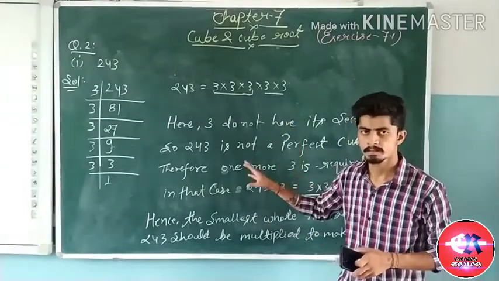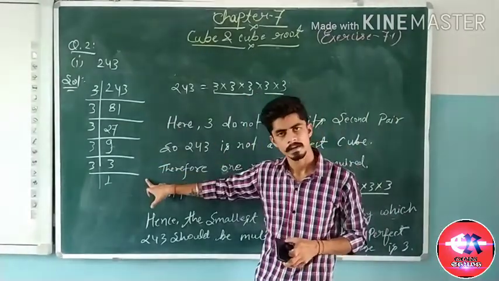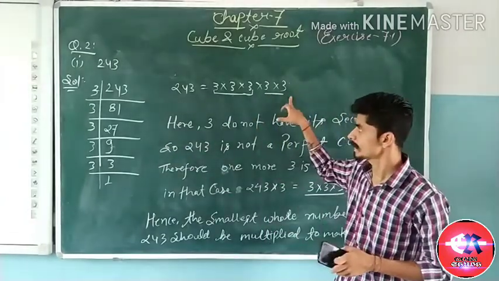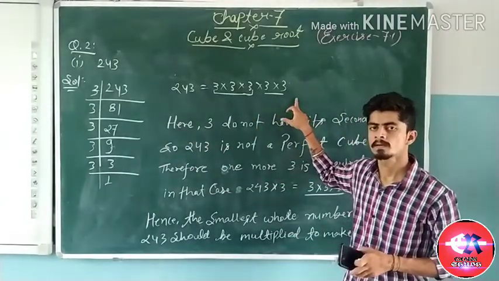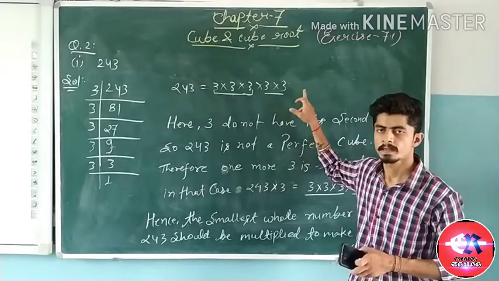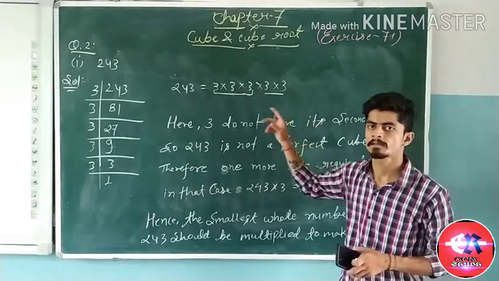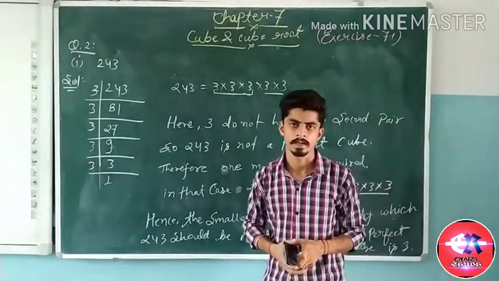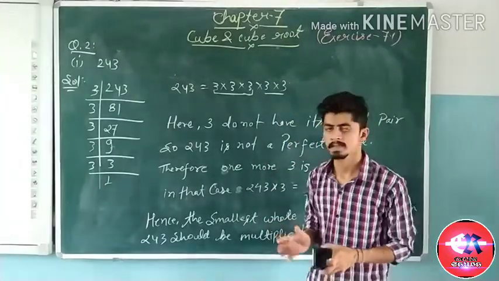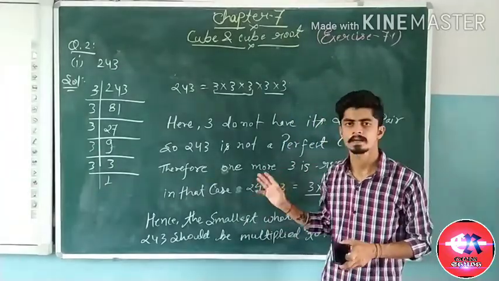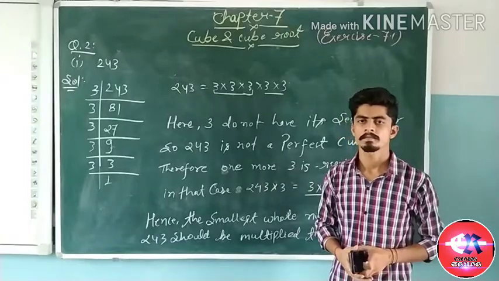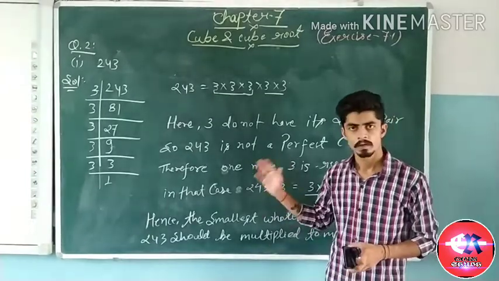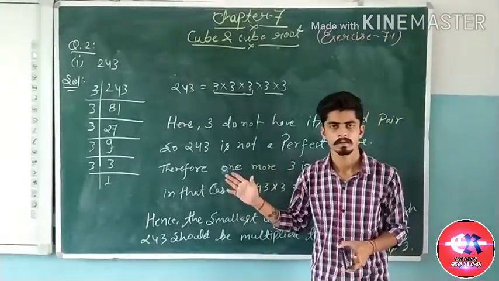You have to follow this method. Just find the prime factorization, find all the factors. The particular factor that does not have a complete group is the whole number by which we have to multiply to make it a perfect cube. So I think you understood this question and you will do the rest of question number 2 by yourself. So that's all for question number 2.